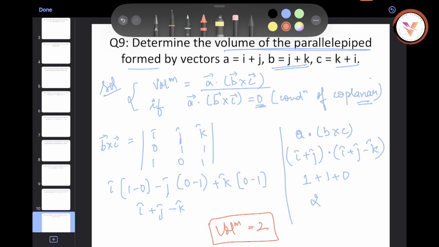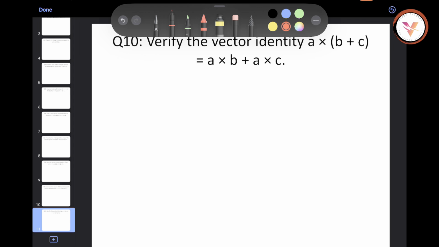Next question is verify this vector identity. Okay. So basically you can verify this by taking some values of A, B and C and then putting here, and then you can verify that. The second is the basic mathematical algebra, that if you open it, you can do it.